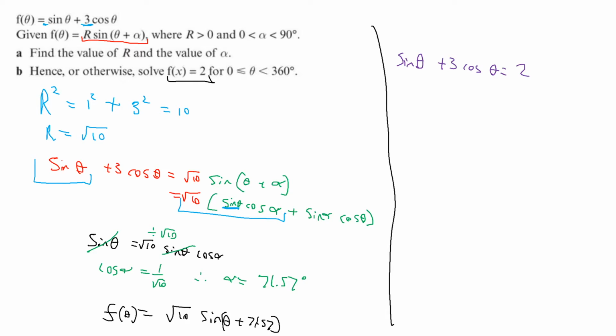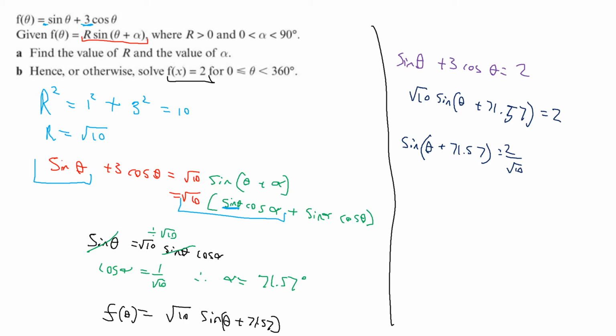Which means that root 10 sine theta plus 71.57 is equal to 2. And so therefore sine theta plus 71.57 is equal to 2 over root 10.